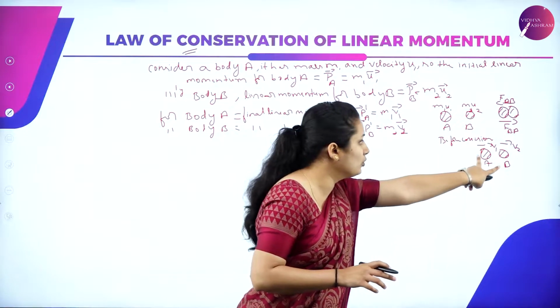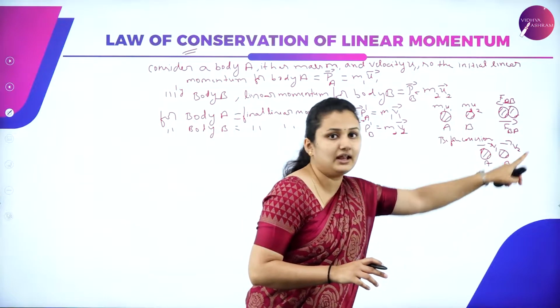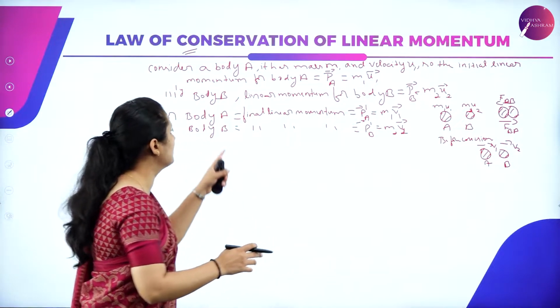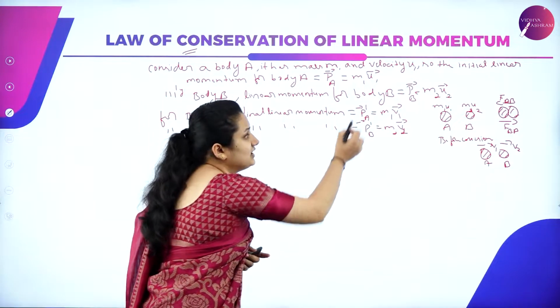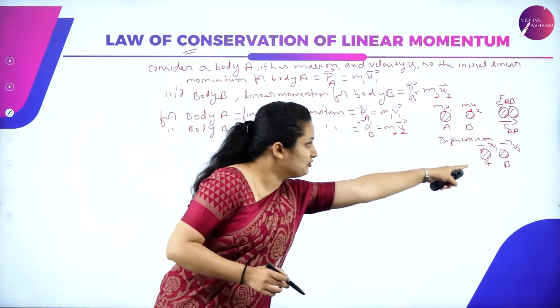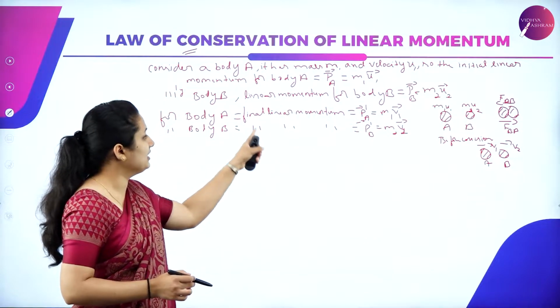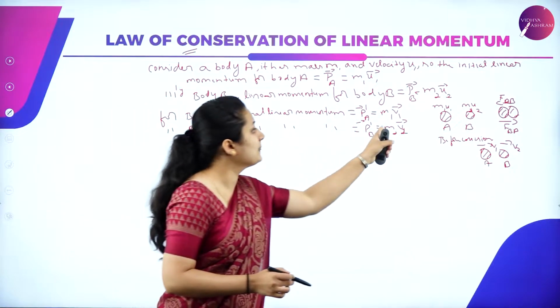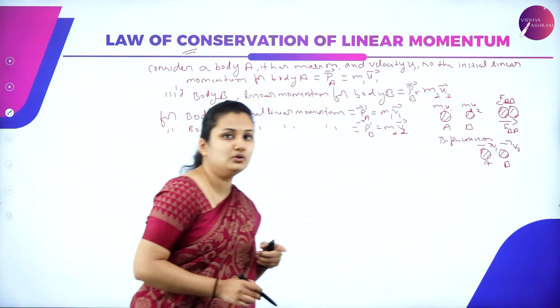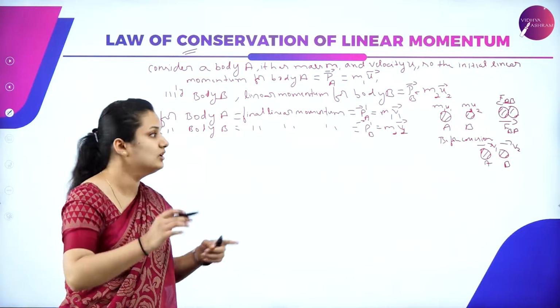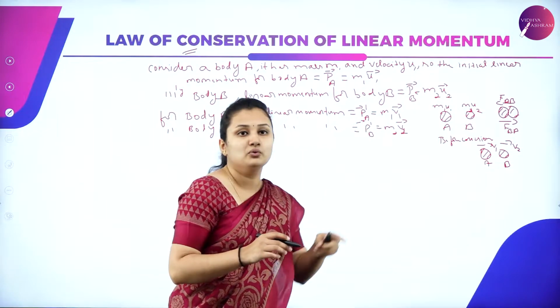After colliding, they move apart with velocity v1 and v2. So after collision, the final linear momentum is PA dash equal to m1 v1, and for body B, PB dash is equal to m2 v2. Initially it was u1 u2, after collision it is v1 v2.